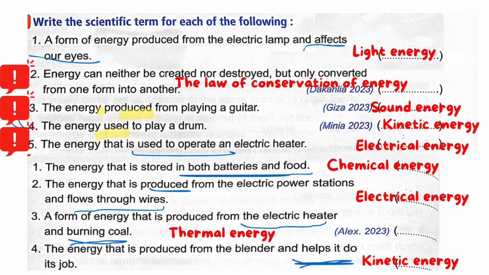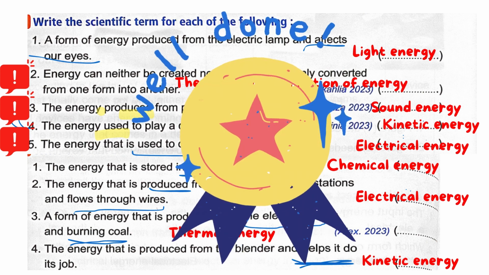Yes, kinetic energy and sound energy and wasted energy. Sometimes it produces thermal energy also, and this is wasted energy. So we have finished the scientific term questions. Well done, Junior 4 students.